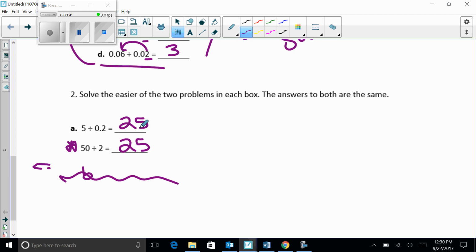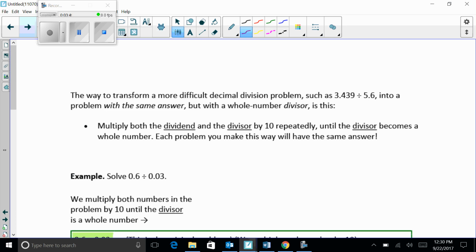Okay? So let's go to the second page of notes. So it says, the way to transform a more difficult decimal division problem, such as 3 439,000ths divided by 5 6/10, into a problem with the same answer, but with a whole number divisor is this.